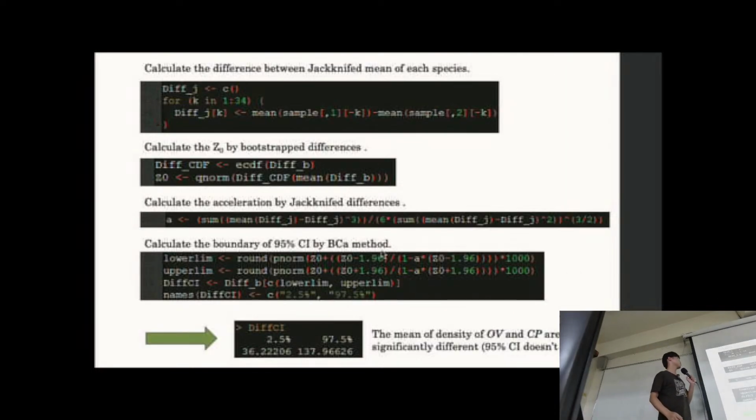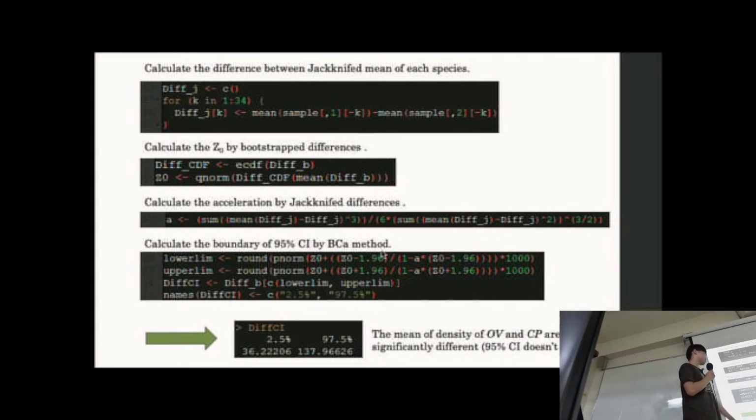And then I calculate the difference between the jackknife means of these two species, use the bootstrap difference to calculate the Z0 value, use the jackknife difference to calculate the acceleration value, and use this Z0 and acceleration to calculate the boundary of the 95% confidence interval by the BCA method.